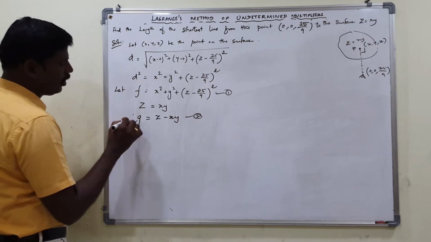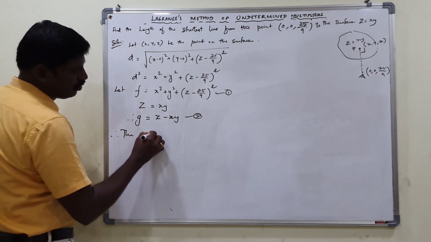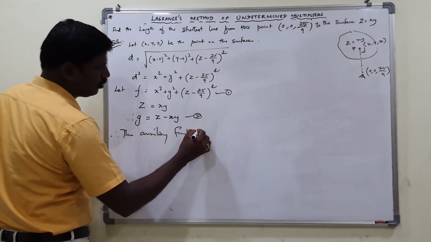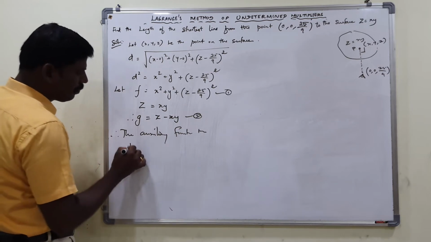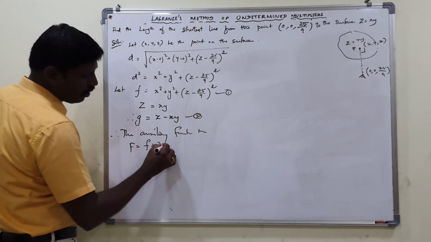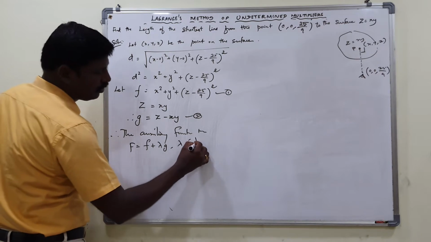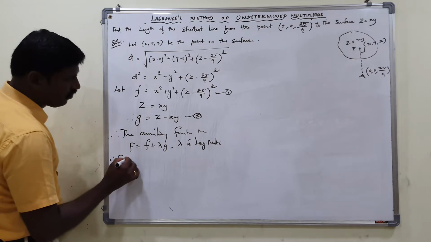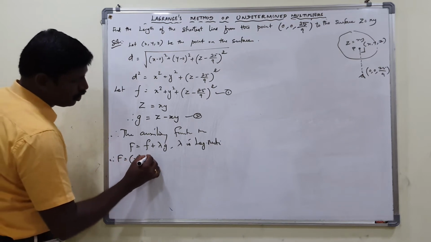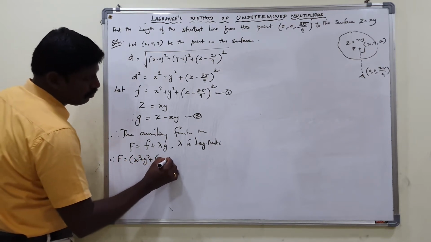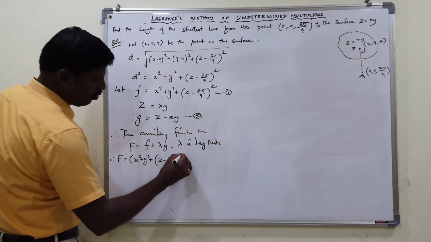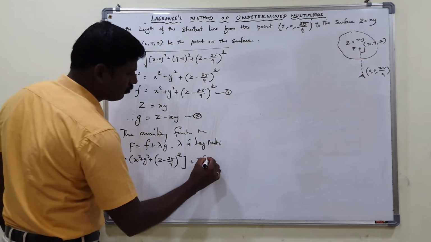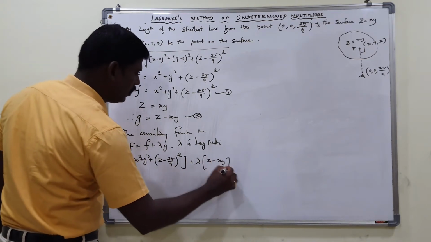Therefore, the auxiliary function, capital F, is equal to small f plus lambda into g, where lambda is the Lagrange multiplier. Therefore, F is equal to x square plus y square plus z minus 25 by 9 the whole square plus lambda into g, that is z minus xy.